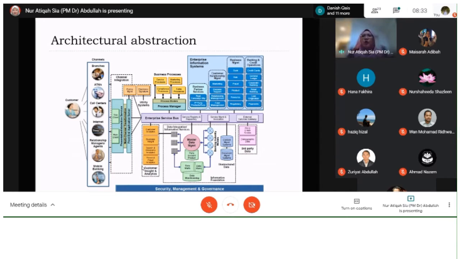Why? Because it can be reused. So the abstractions, designs, all the design diagrams can be reused and customized according to the current client's needs. It's going to cut down a lot of time because they don't have to do the design from scratch. They can reuse the architectural design.